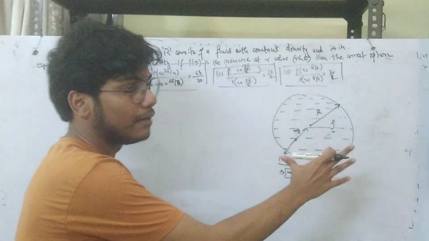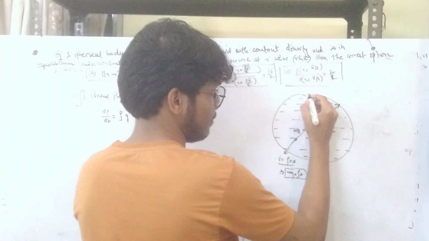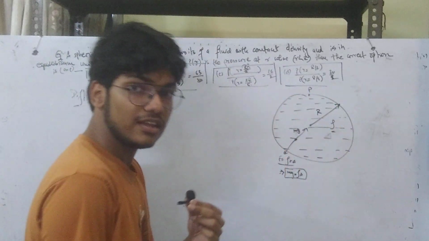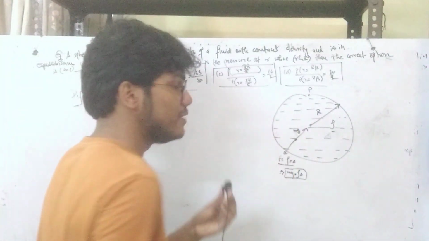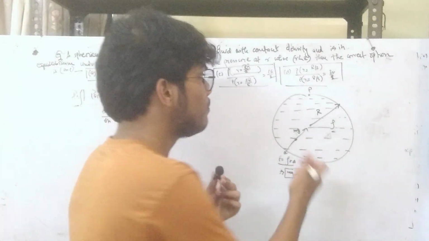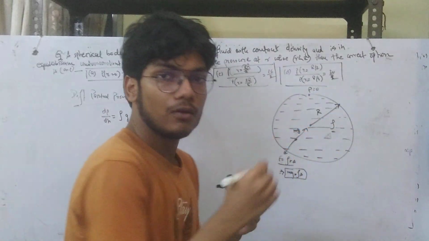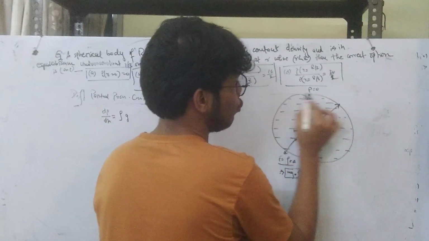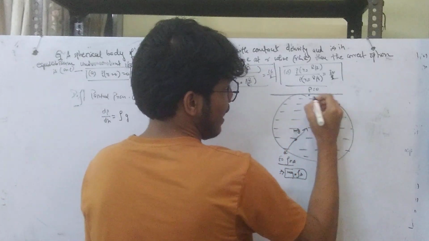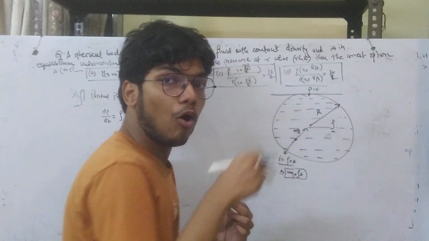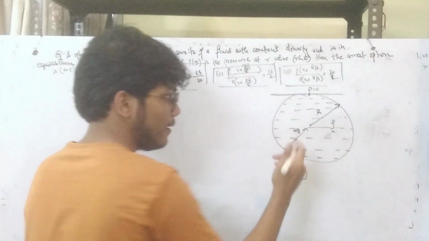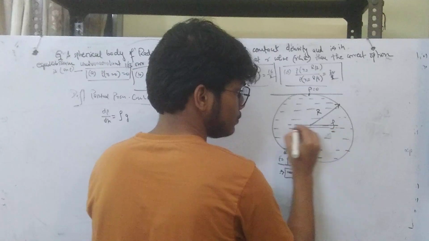Now, first thing, let's check this equation. At the periphery of the circle, at the circumference of the circle, what is the pressure of the liquid? If I keep a point on the circumference, the liquid pressure will be 0. Why? Let's draw a tangential line, and this point is over the tangential line, and taking the center as the reference point, draw another line.